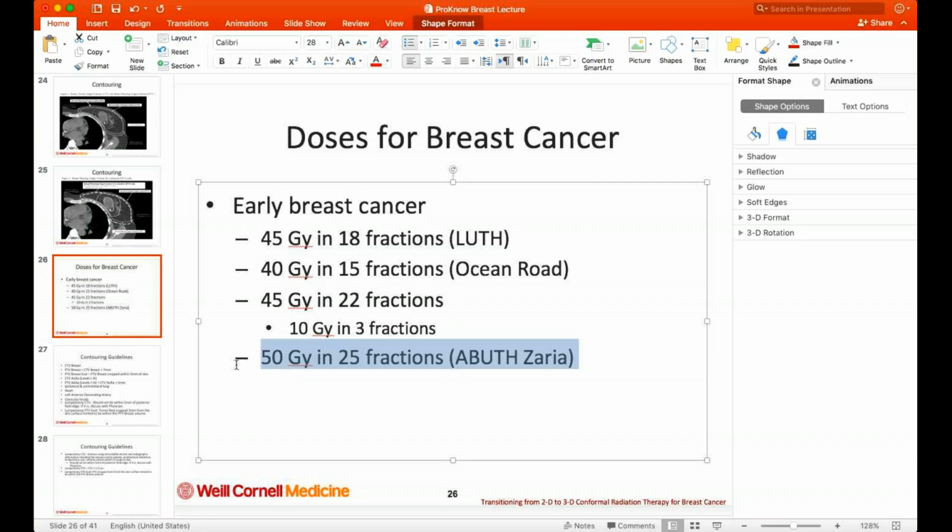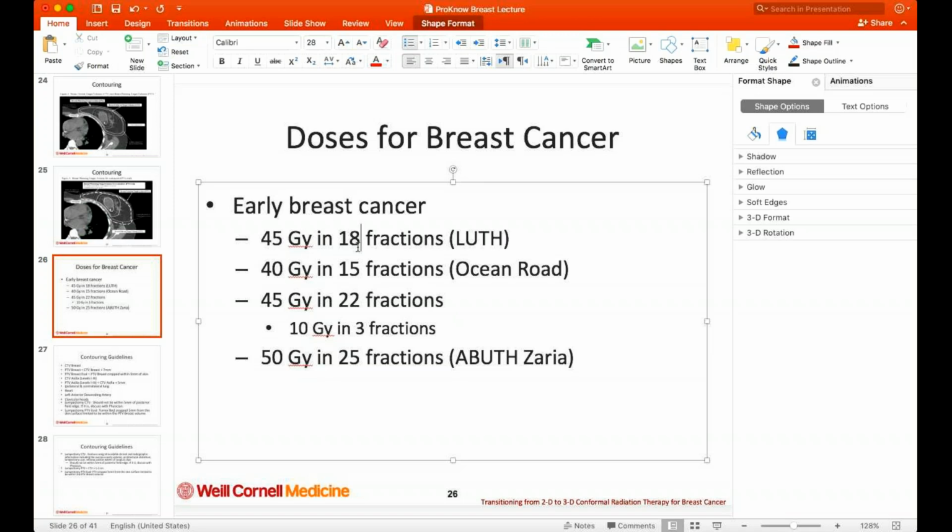In the past decade, as we see in the other fractionation regimens, people have been looking at hypofractionation as a means of treating breast cancer. Initially there were concerns about the toxicity to the breast in terms of cosmesis and also in terms of tumor control.